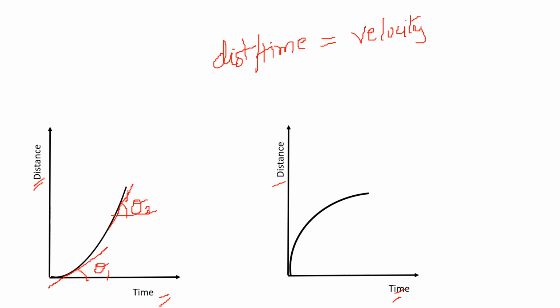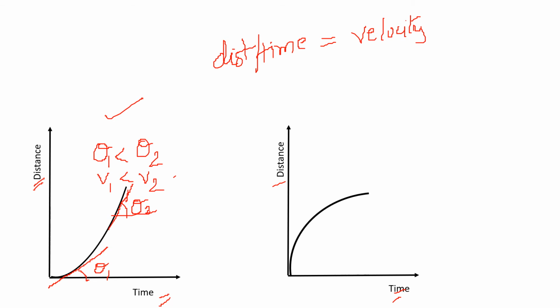Now clearly theta 1 is less than theta 2, right? Theta 1 is less than theta 2 means what? Theta is the slope, velocity. Velocity 1 will be less than velocity 2. The initial slope is less than the second slope. So we say the object is moving with an increasing velocity. In this case, the object is moving with increasing velocity.